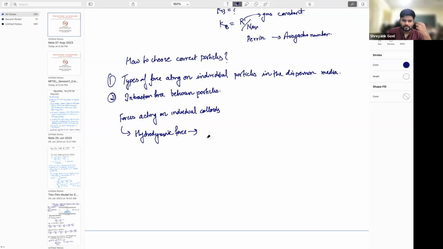That is the viscous resistance the particle feels, and that is what we call the hydrodynamic force or the viscous drag.